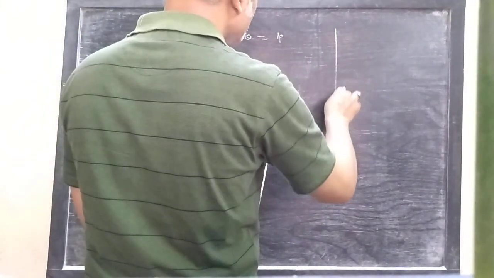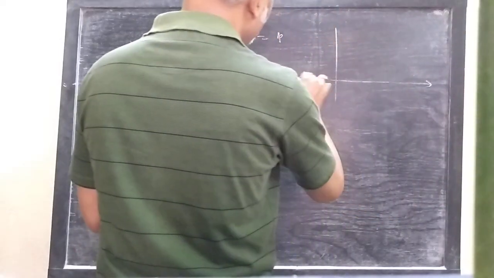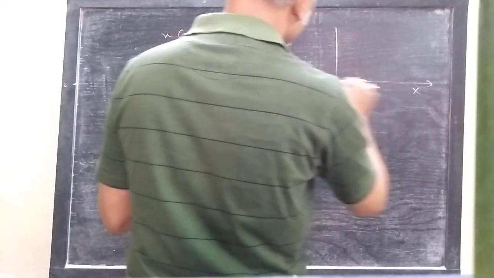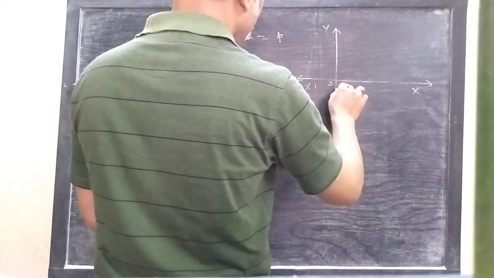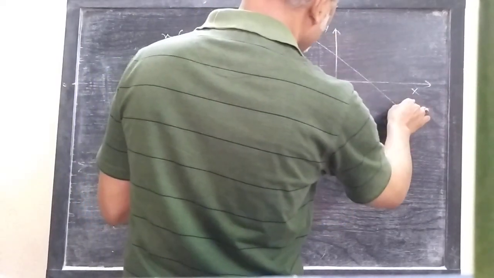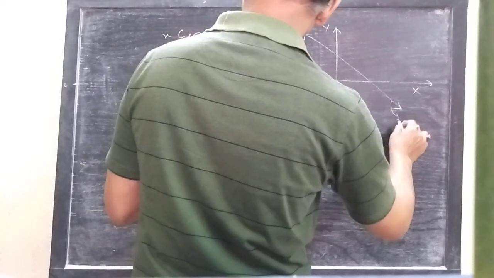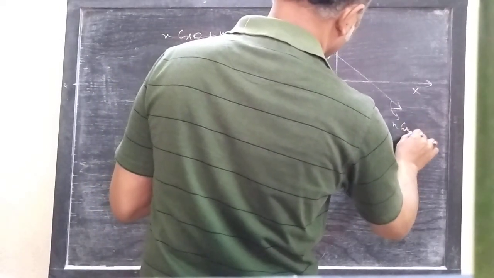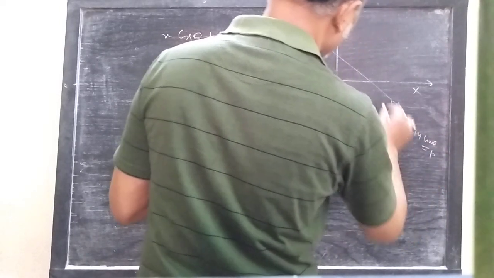So let us consider these two coordinate axes. Suppose this is the line having equation x cos theta plus y sin theta equals p.